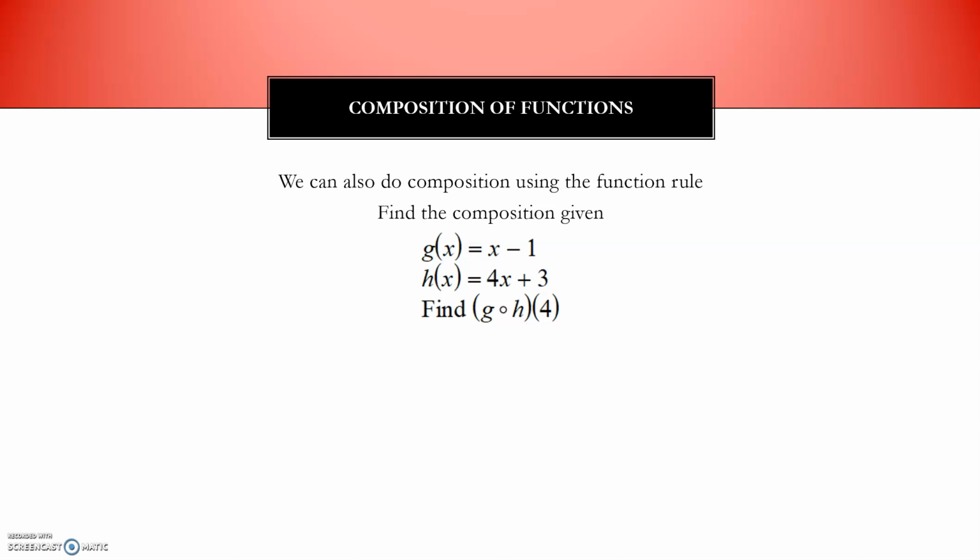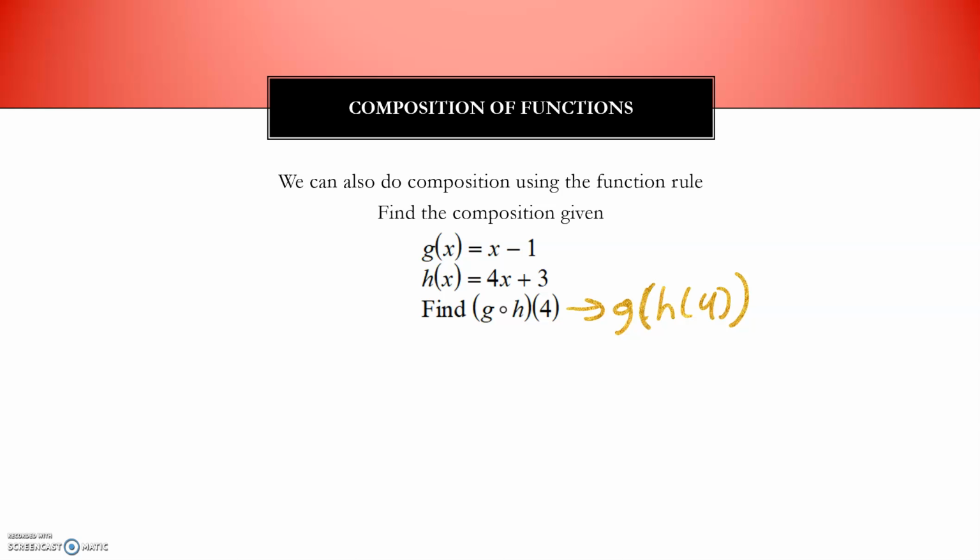Okay, last thing I did want to show you before we move on is a different notation. This notation, g open circle h, means the same thing as g of h of 4. So that open circle is not multiplication.